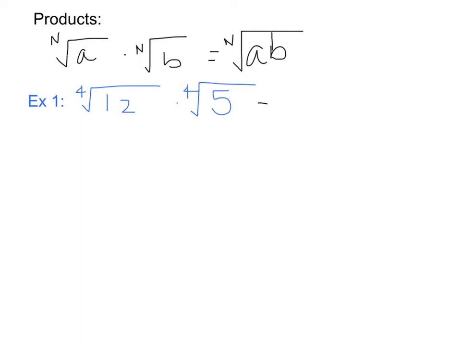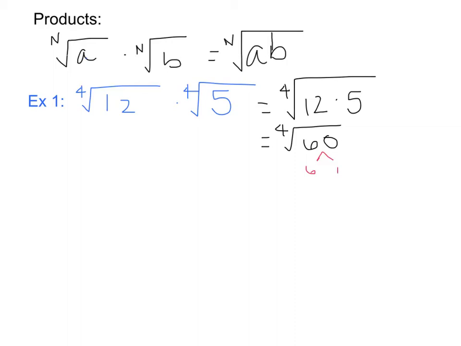So then you write them together under one radical and multiply. You take 12 times 5, and you get the fourth root of 60. You're always going to want to try to break this down, so you have 6 and 10, and 3 and 2 and 5 and 2.